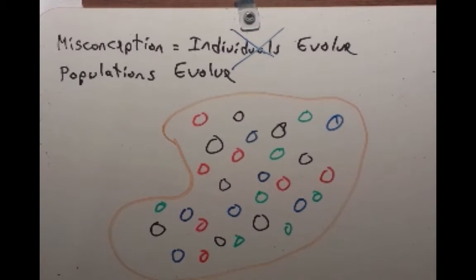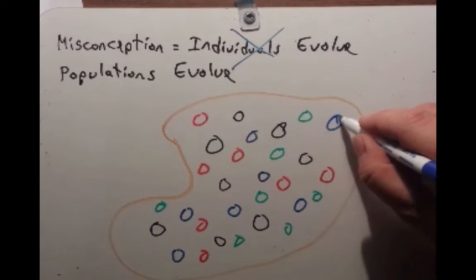But every now and then, what could happen is, again, we have this population with a varying degree of phenotypes. And for various reasons, one of these individuals, one of these variants here, gains a selective advantage. And let's say it's our blue ones here.